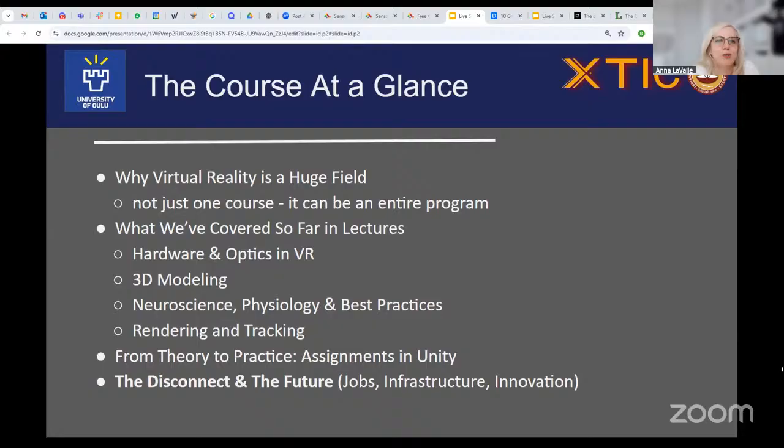I hope you are developing this view of virtual reality as a big picture, with researchers working actively in many different parts of the VR field on understanding what VR can be and what we actually have in terms of hardware, VR infrastructure, software and applications. So there is a big gap.